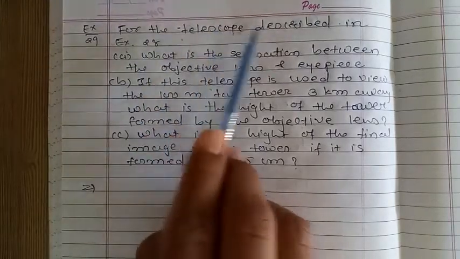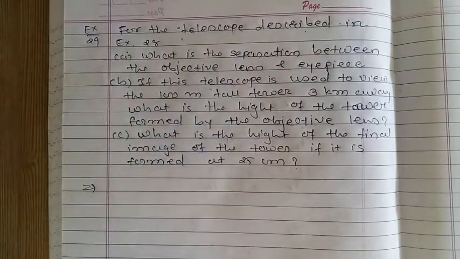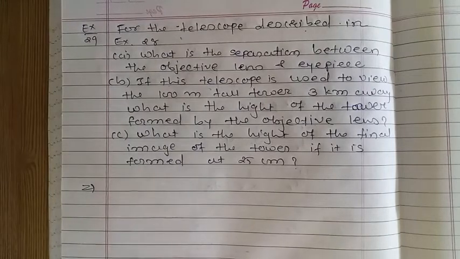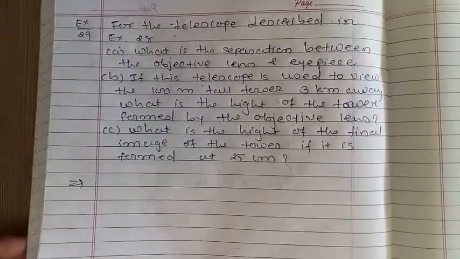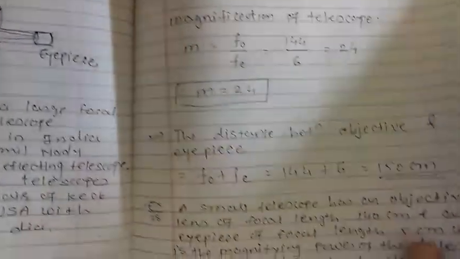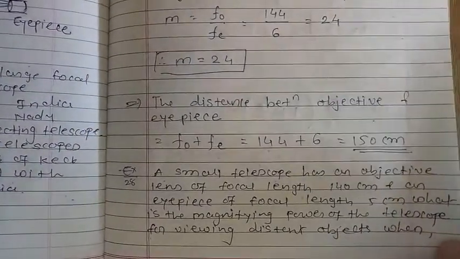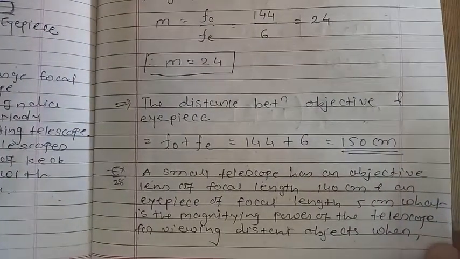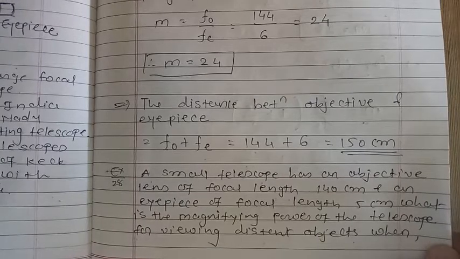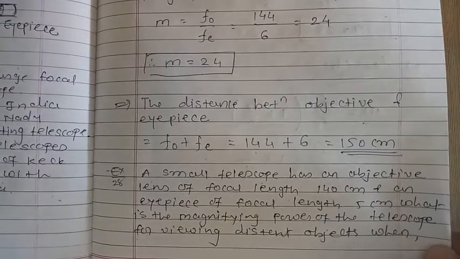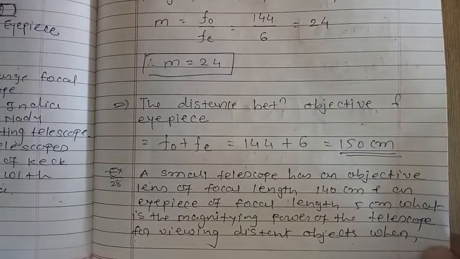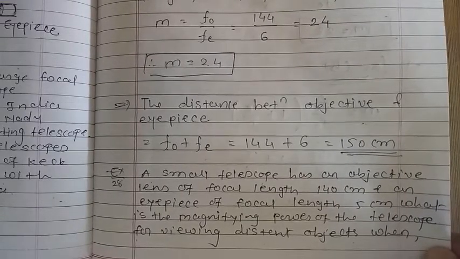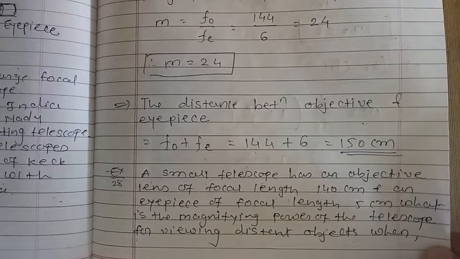So here, for the telescope described in example 28, we have to take the data of example number 28, right? So we have already discussed this example. See, a small telescope has an objective lens of focal length 140 centimeter. So we have to take the focal length of objective 140 centimeter and an eyepiece of focal length 5 centimeter.